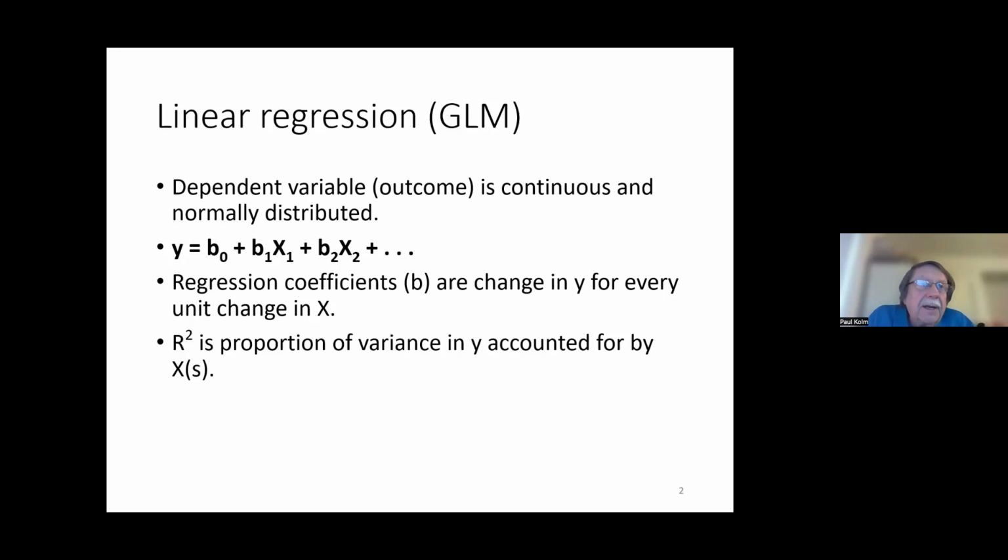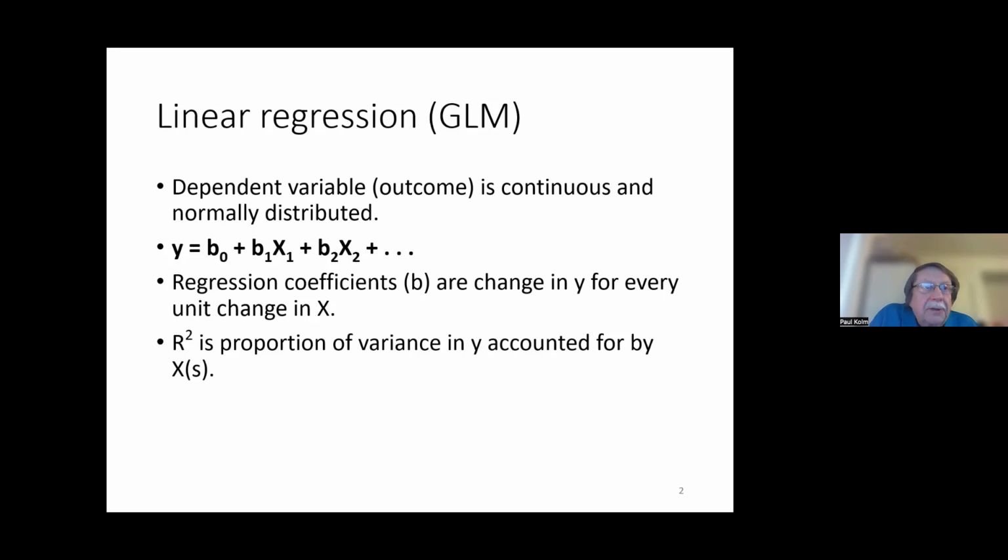But anyway, the regression equation is our outcome variable is a function of our independent or predictor variables, and in this case the regression coefficients, the B1, B2, and so on, represent the change in the outcome variable for every unit change in the independent variable.